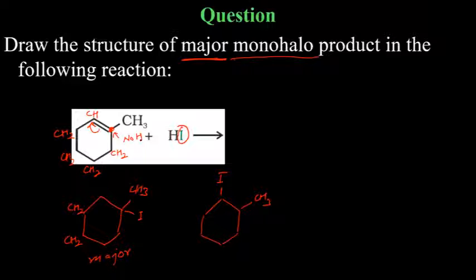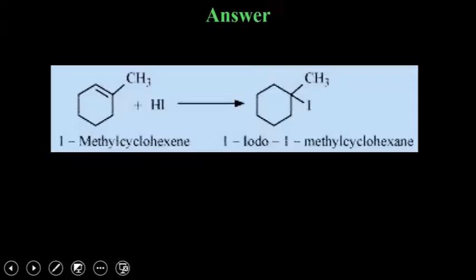So that's why iodine will get attached to this carbon, with fewer hydrogen atoms. 1-iodo-1-methylcyclohexane, the major product. So it is the simple Markovnikov rule you will apply here.